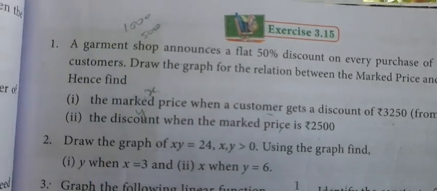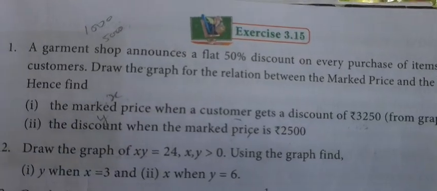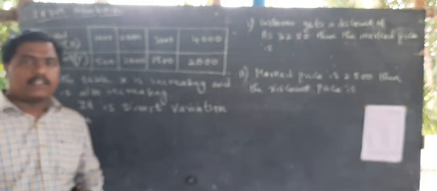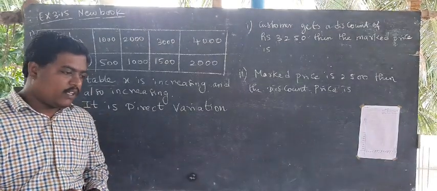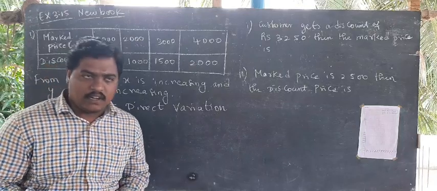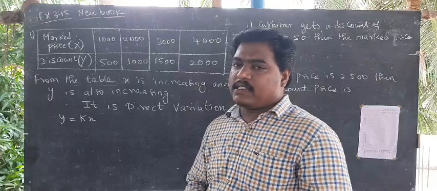For this graph we are giving 8 marks. Already we gave the introduction for this graph, direct variation and indirect variation. So how do we find the direct variation and indirect variation for this sum? Listen, market price.